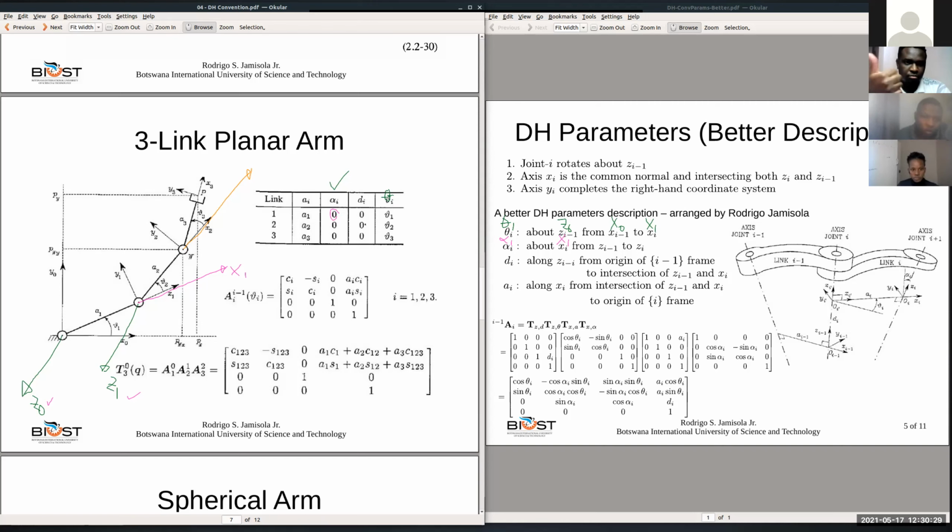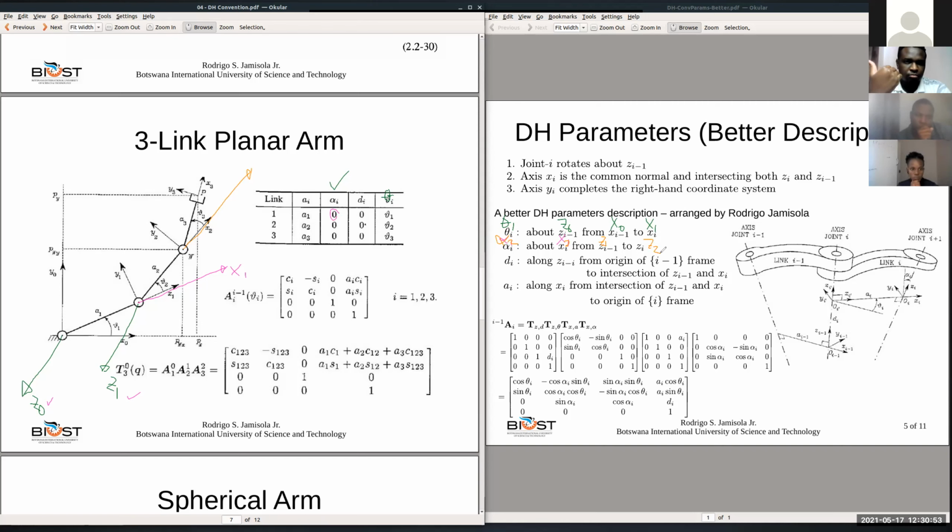Going up. Now because you are considering x2, we say alpha 2, about x2, from z1 to z2.